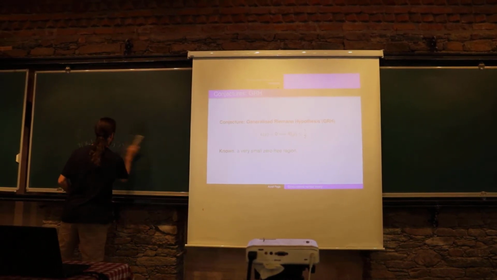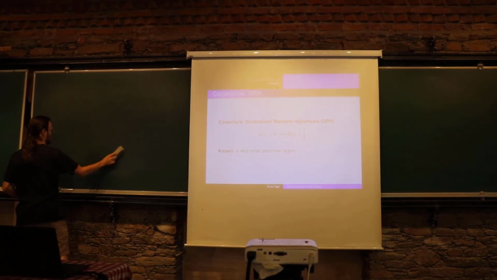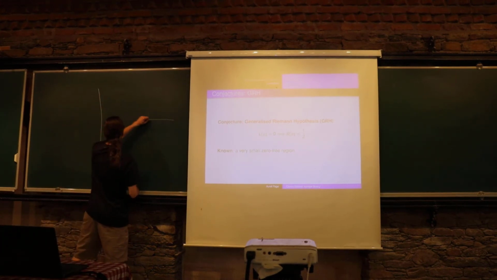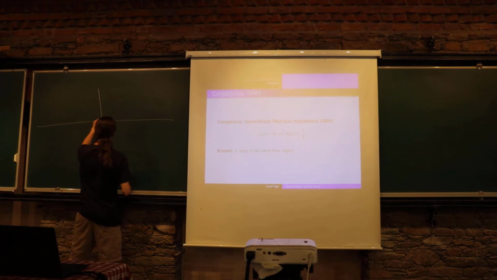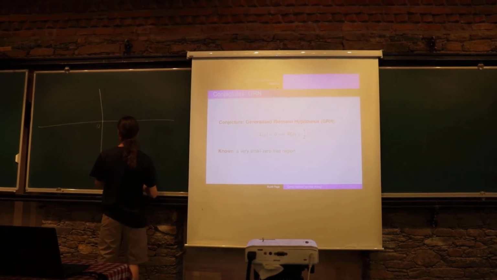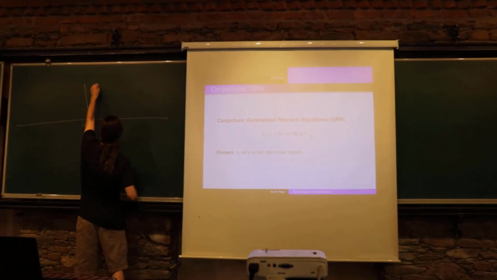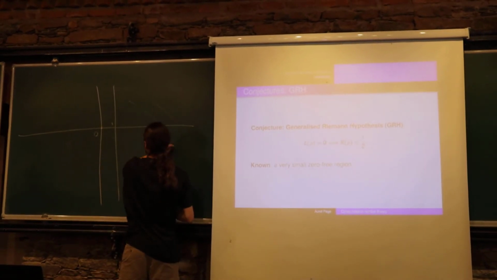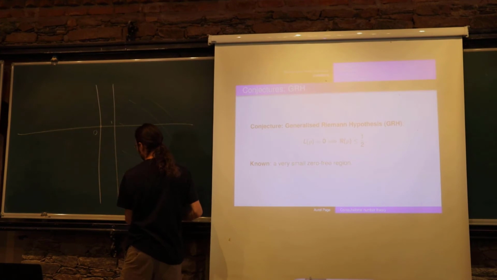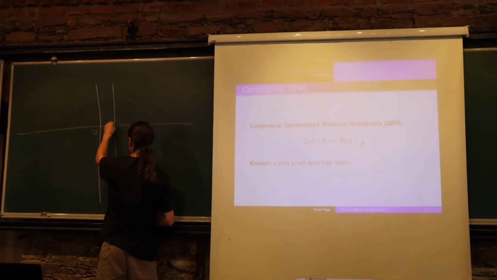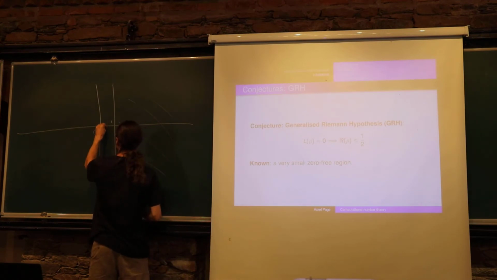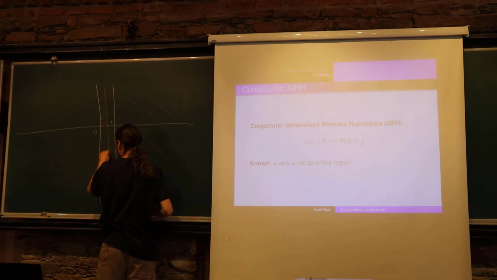So let me draw a picture. So this is 0. In general, the region of convergence will be a plane that starts here at 1. 1/2 is here, and this is where we think the zeros are.